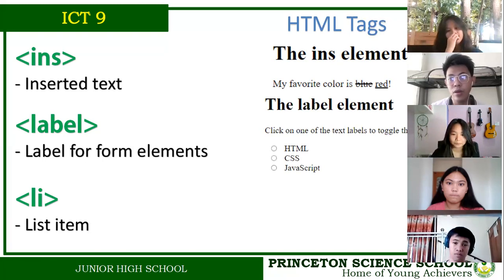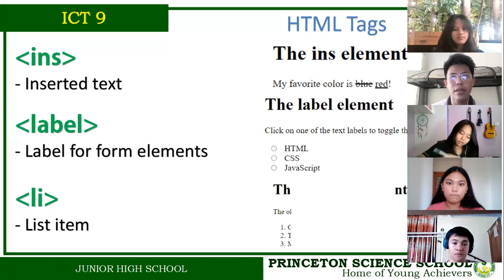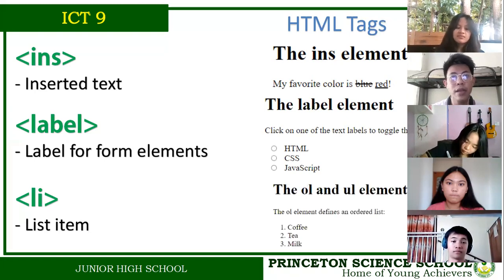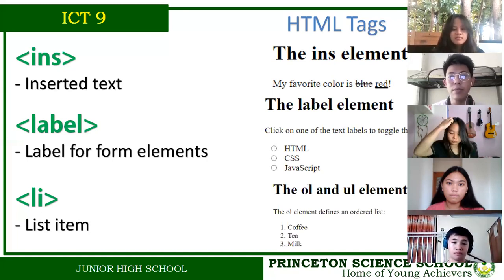So if you're having trouble selecting or clicking the radio button, the label tag makes it easier so that you can just select the texts. Okay, the next one, we have the LI tag or the list item tag, which is responsible for providing the items to the list.